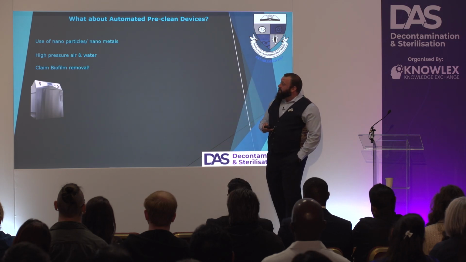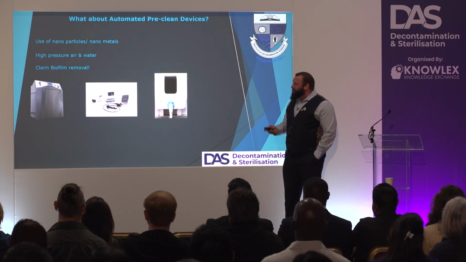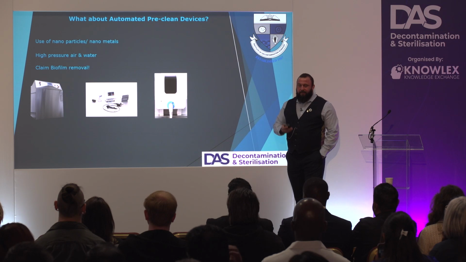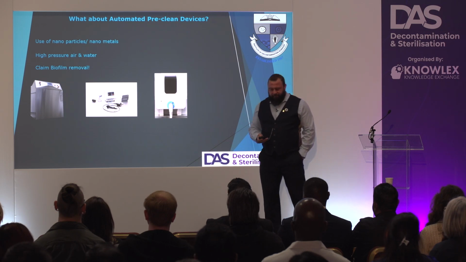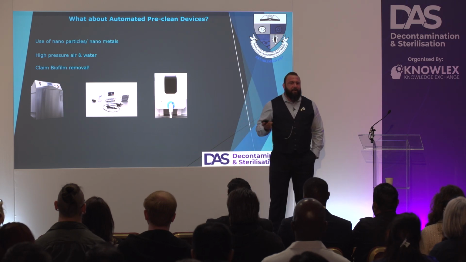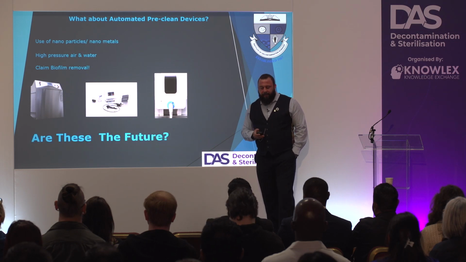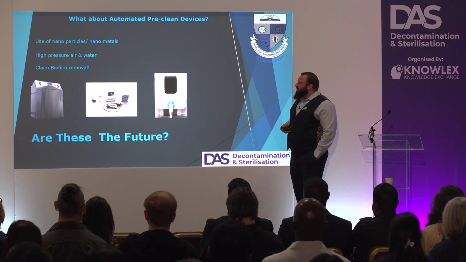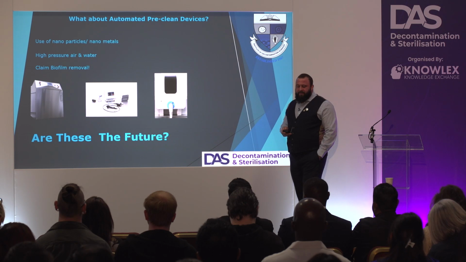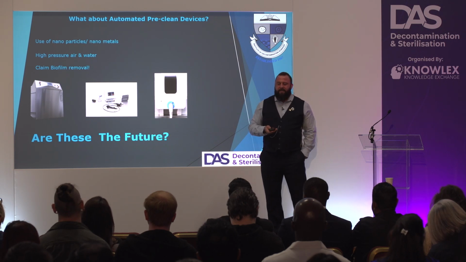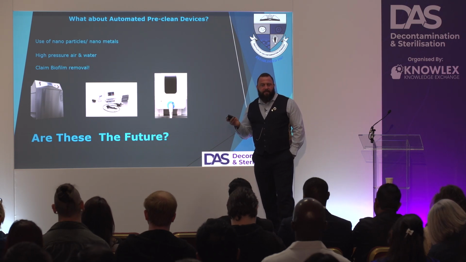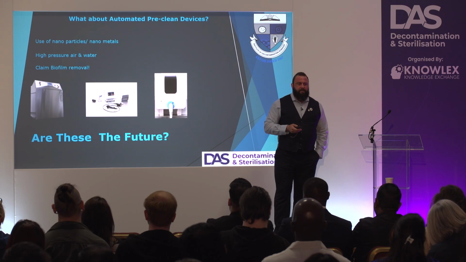So I'm not going to go into them, but we have this one, and this one, that could be available soon, or are already. I'm not going to talk about them too much because probably some of them will be out there in the room today. The question is, are these the future? If they're claiming biofilm removal, can they actually do it?